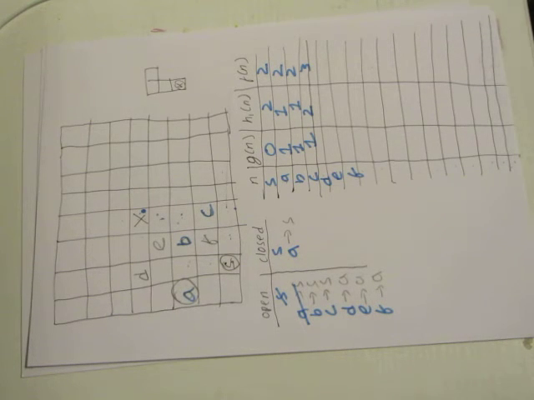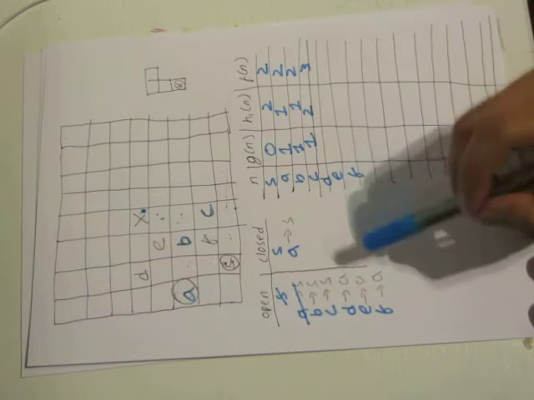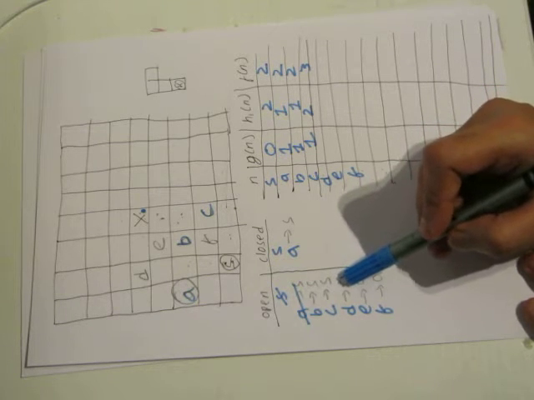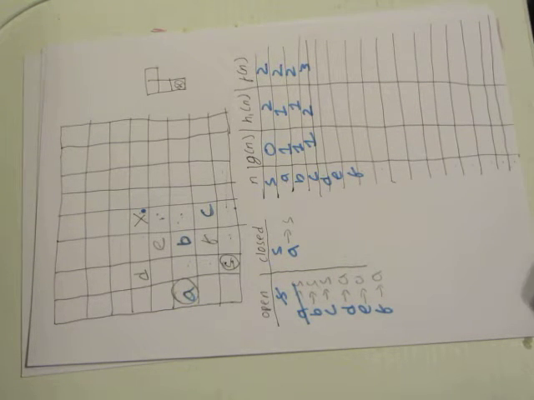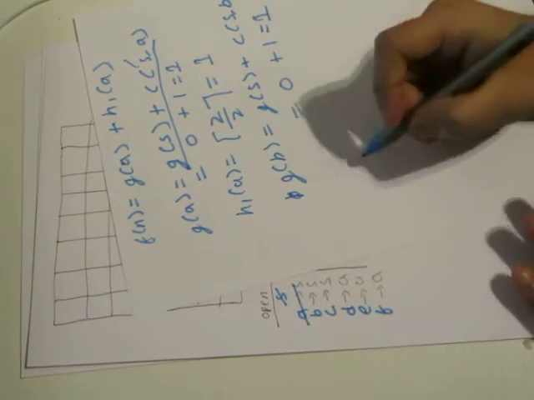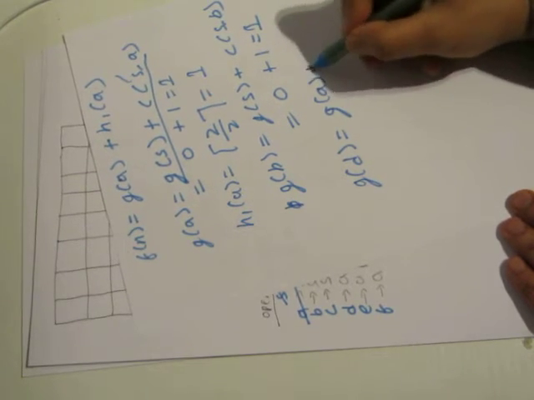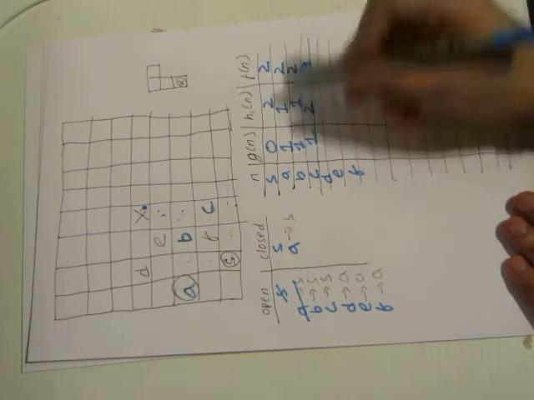What would be the value of g of d? g of d would be g of the parent, that is g of a, plus the cost, that is 1. g of a was 1.